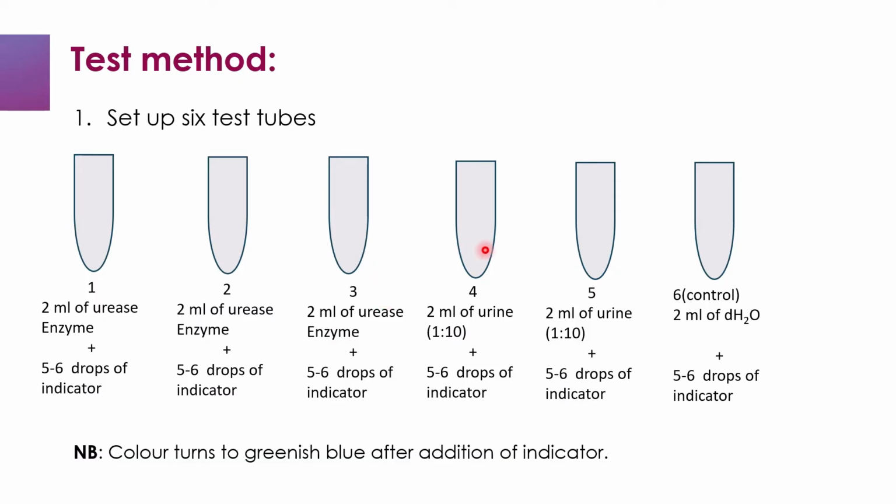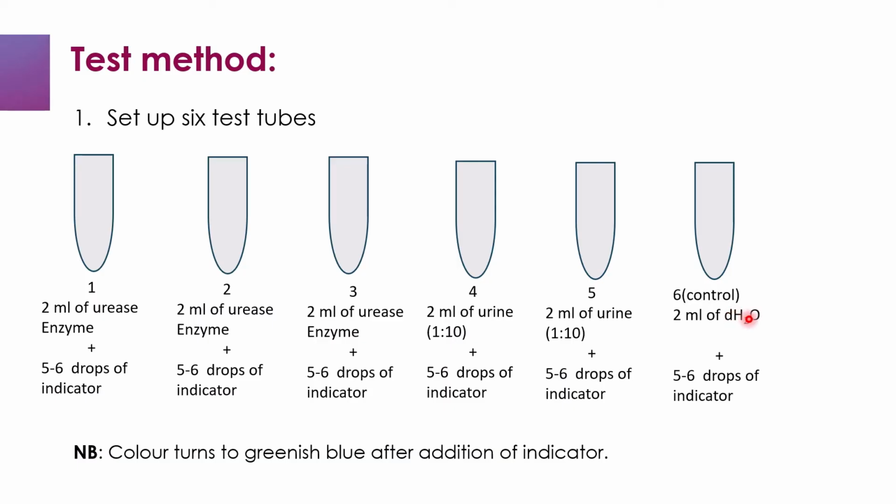Test tube 4 contains 2 ml of our urine, which has a 1 to 10 dilution, plus 5 to 6 drops of the indicator. The fifth test tube contains 2 ml of the diluted urine and 5 to 6 drops of the indicator, and the sixth test tube happens to be our control.